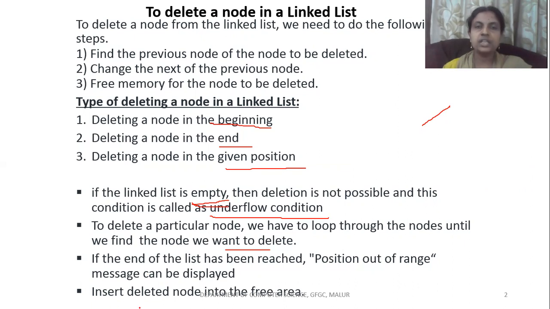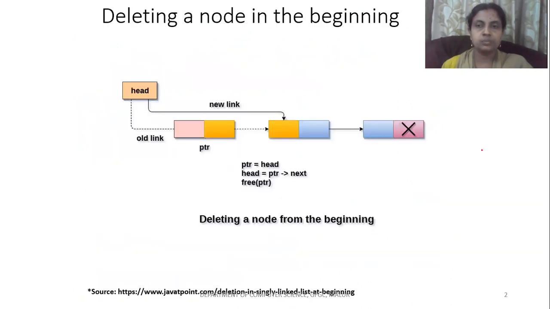And whenever you delete a node in the linked list, once the node is deleted, you need to free up the space. Okay, that you need to remember. So these are some of the concepts we need to remember to delete a node.